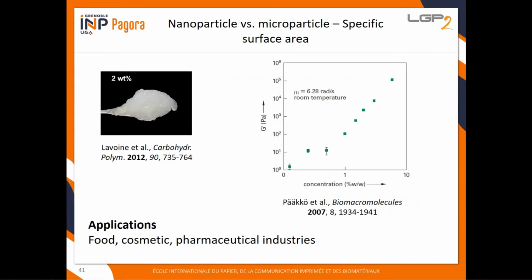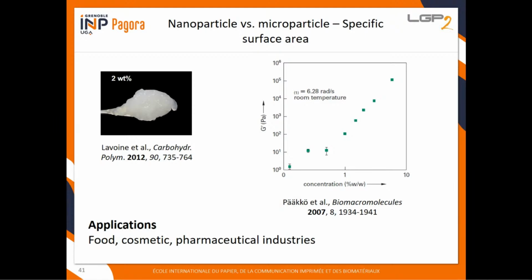And this increased specific surface area results in the viscosity of cellulose nanomaterial in suspension, because of course, when increasing the specific surface area, more water molecules are in contact with the nanoparticles, meaning that they are immobilized at the surface.